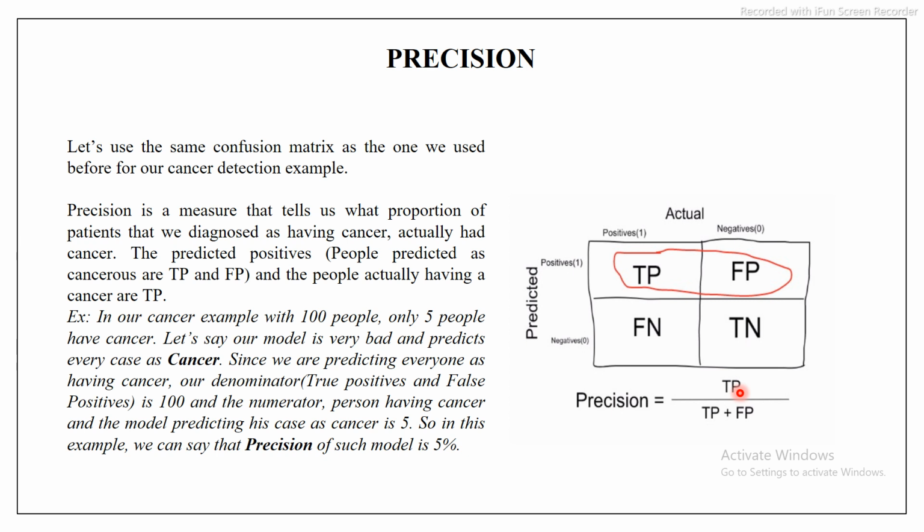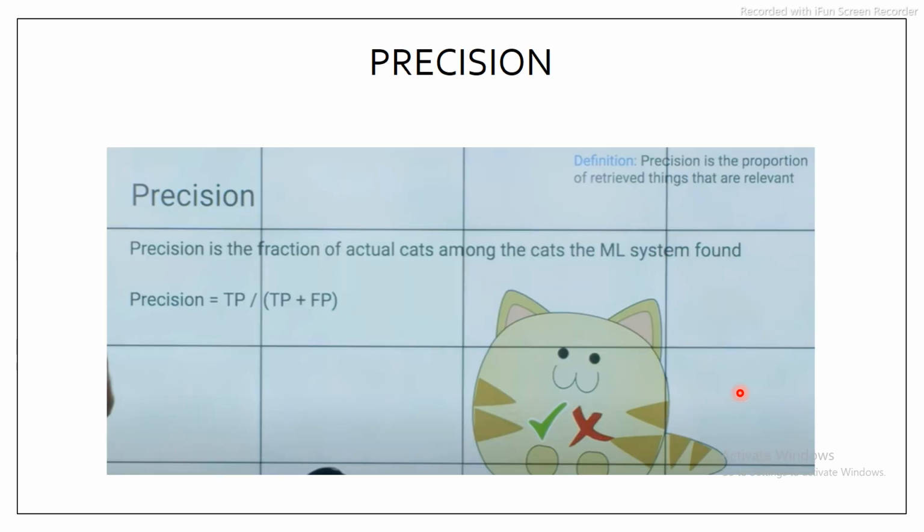In the precision case, if you define it, precision is the proportion of retrieved things that are relevant. For example, for me, detecting a person who is suffering from COVID is something relevant.